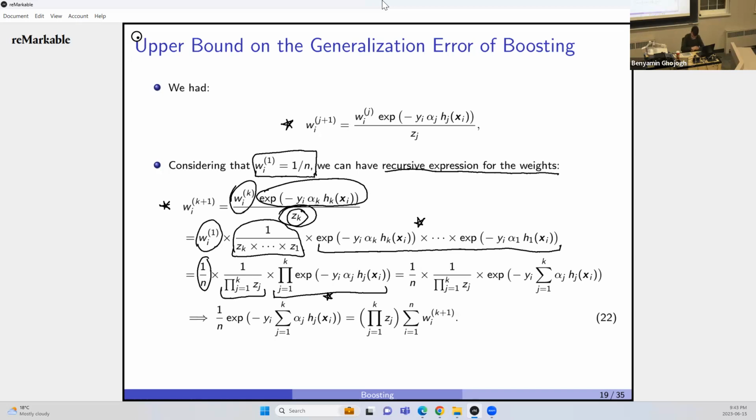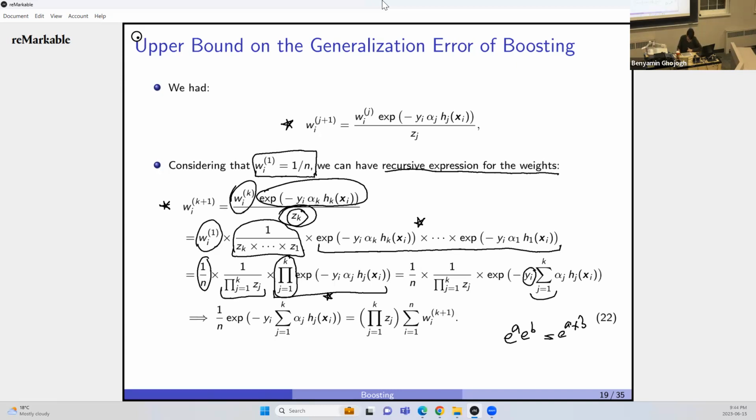Interestingly, product of expectations equals expectation of summation. In other words, e to the a times e to the b equals e to the a plus b. Therefore, I can bring this product inside the expectation to become a summation. And I know yi is not dependent on j, so I can bring it out of the summation, because the summation is over j.